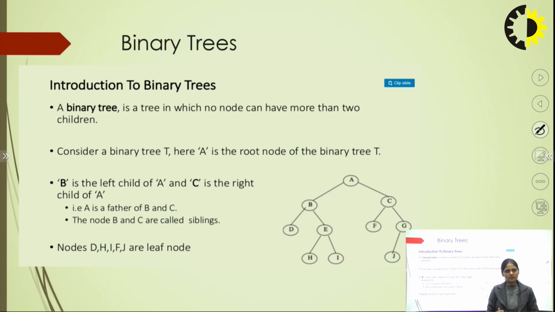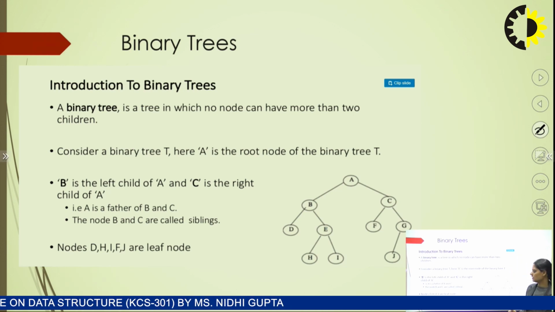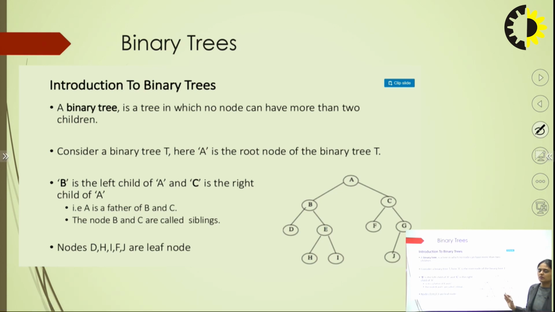So a binary tree is a tree in which no node has more than 2 child nodes. Consider this tree over here. We can see that the maximum number of children of any node is 2. So this is a binary tree. It means that 0, 1, 2 are all permissible, but more than 2 is not permissible.